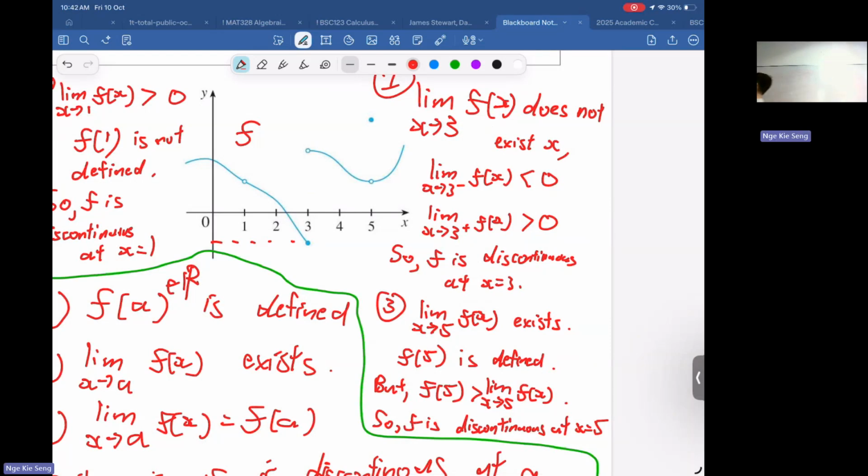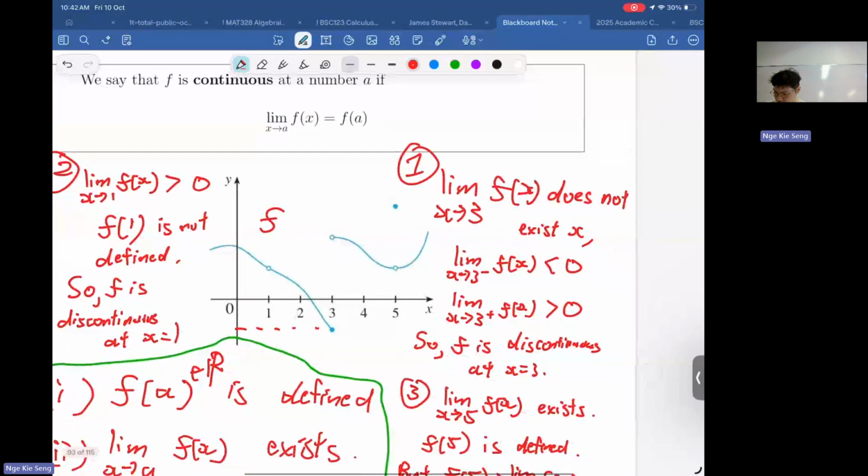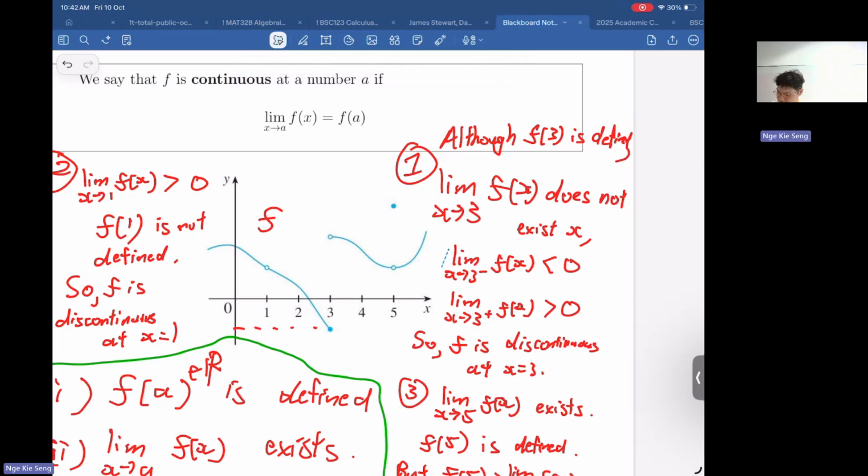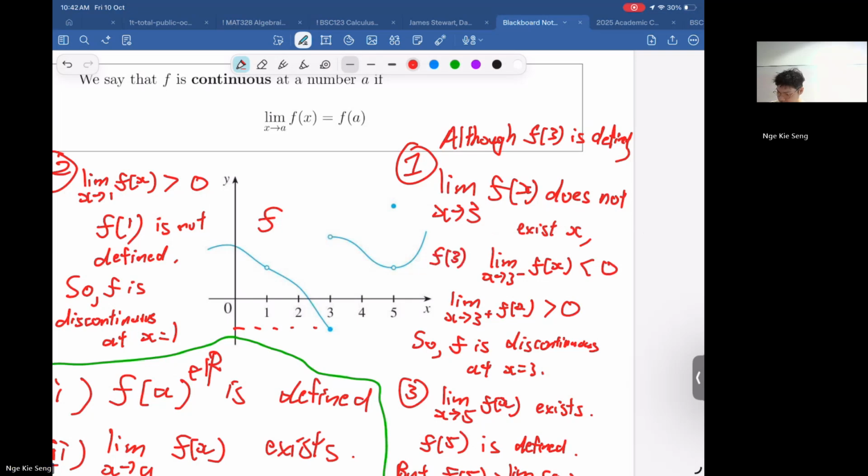So you can see what kinds of possibilities could happen. One of them is that the limit doesn't exist, although f(3) is defined here. Actually, f(3) equals the left limit in this case.